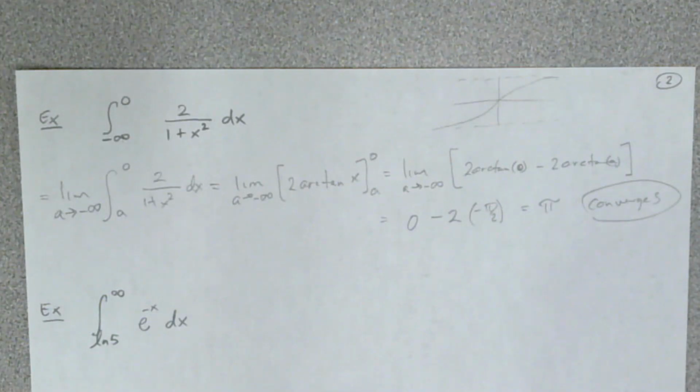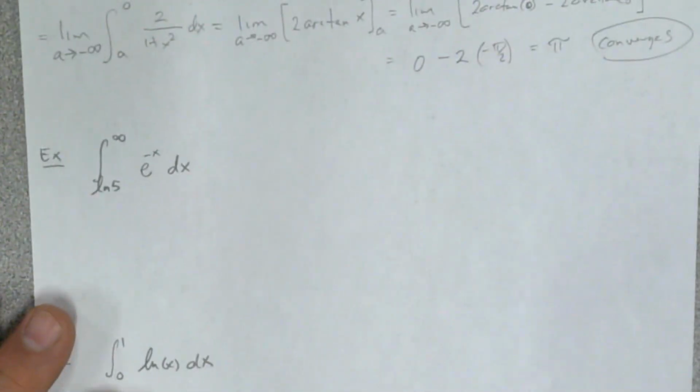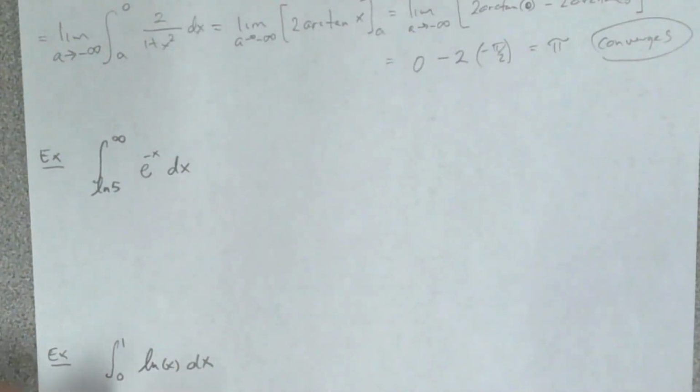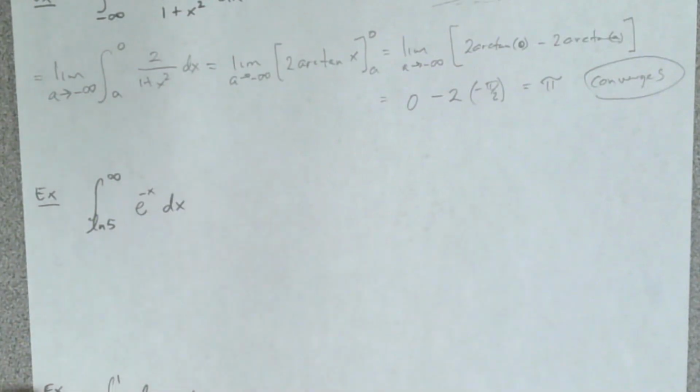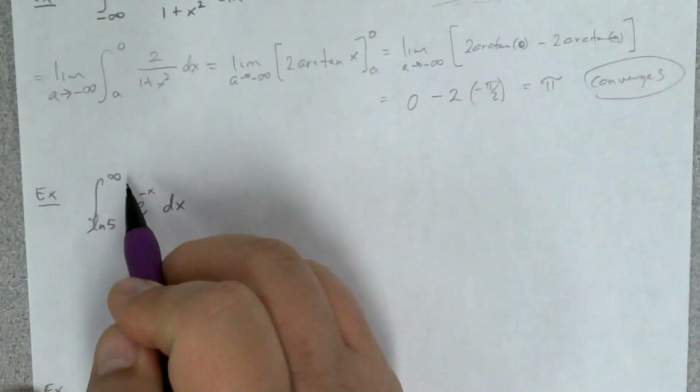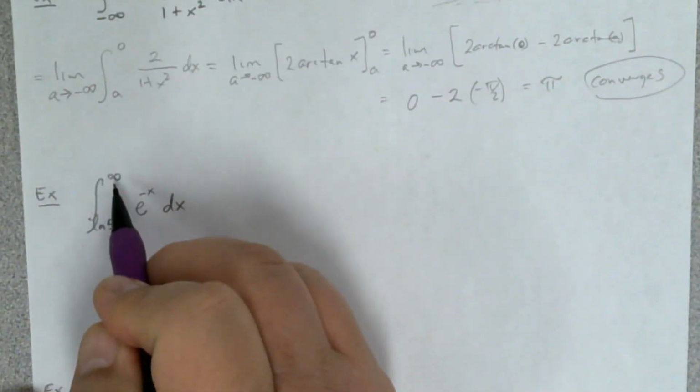If you didn't, let's try with this one right here. Take a moment, pause, and see if you can solve this one. Okay, so hopefully you got an answer. Here's my infinity up here, so I'm going to use the letter b.